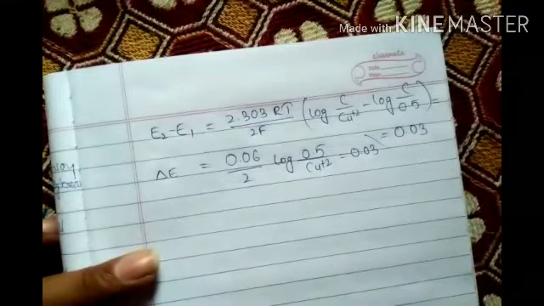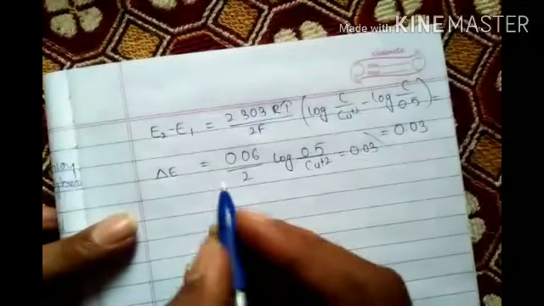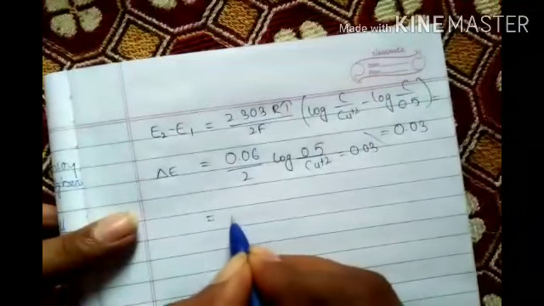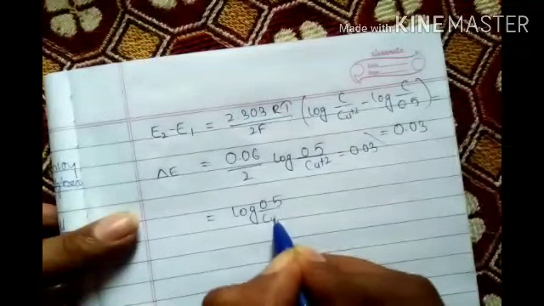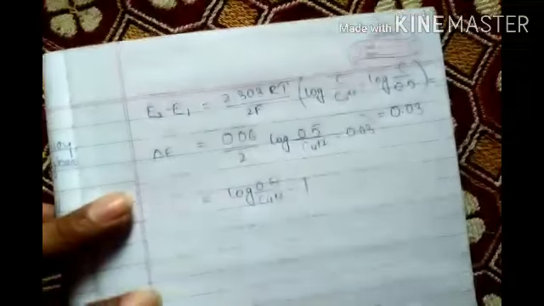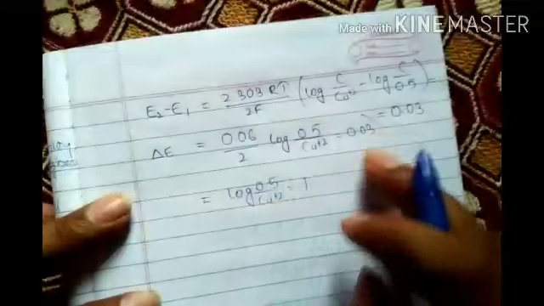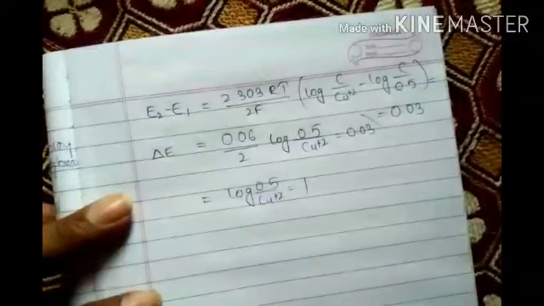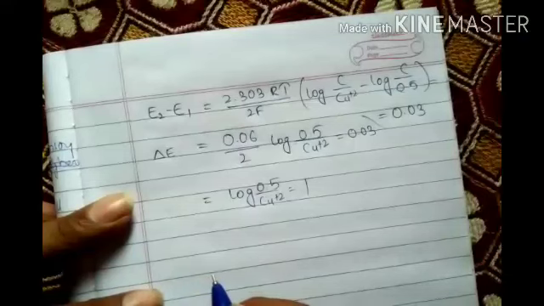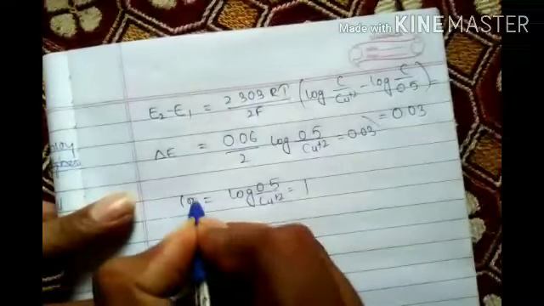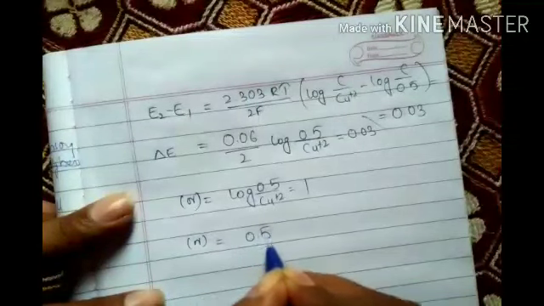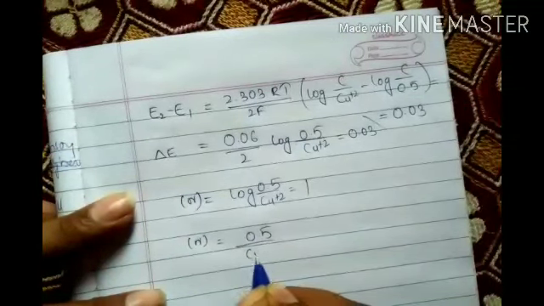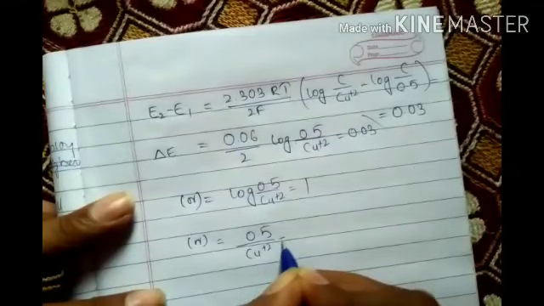Try to understand. Log 0.5 by Cu plus 2 equals 1. Then 0.5 by Cu plus 2 equals 10.